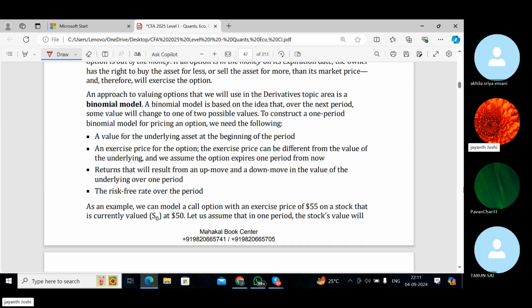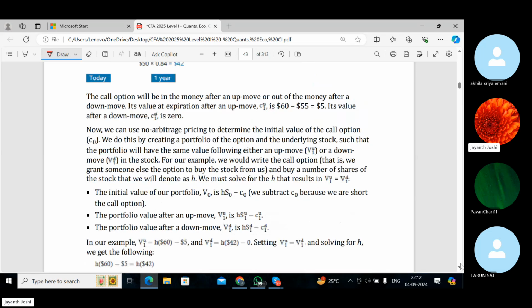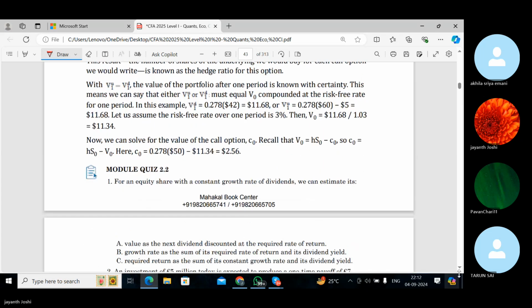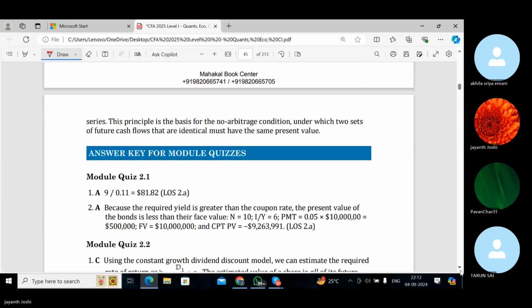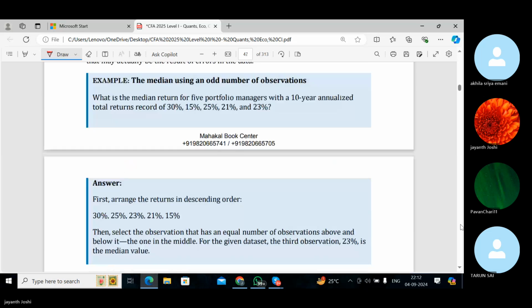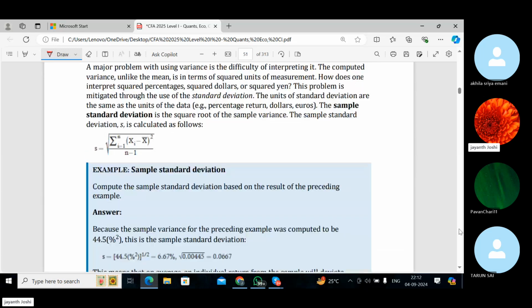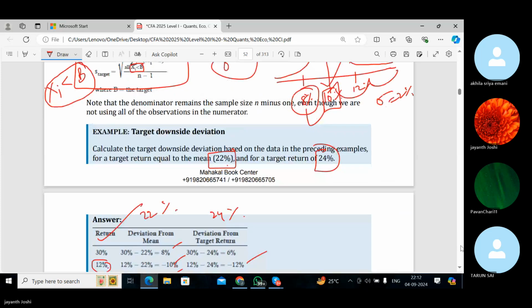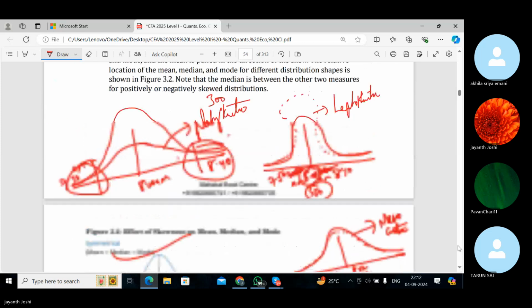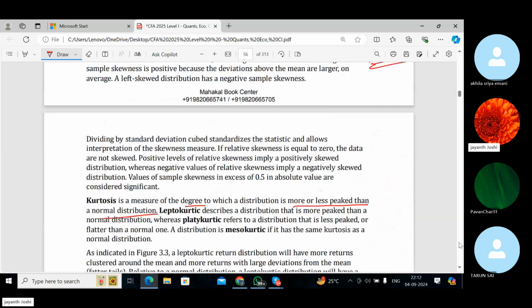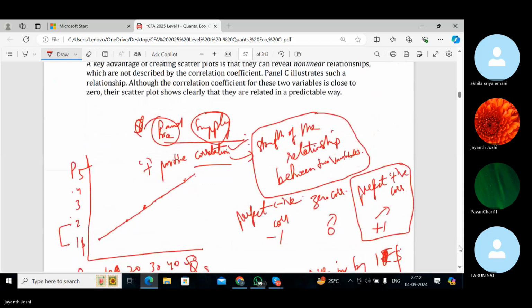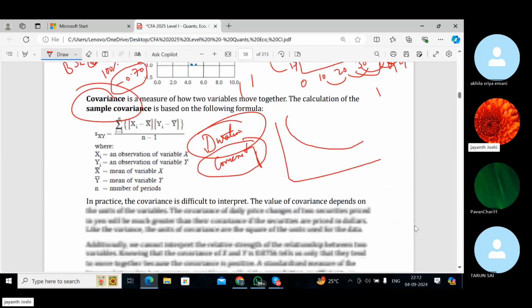So let's see the formula for covariance first. The formula is like this, this is sample covariance.